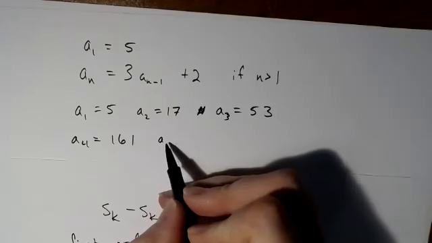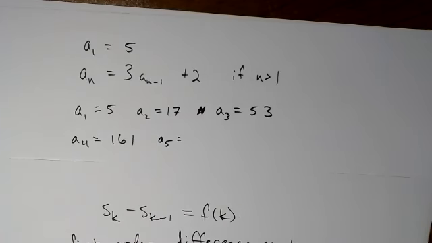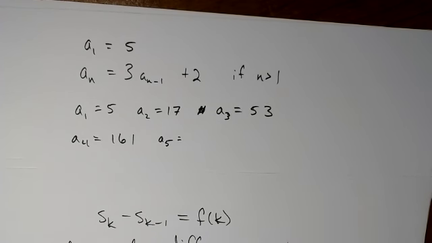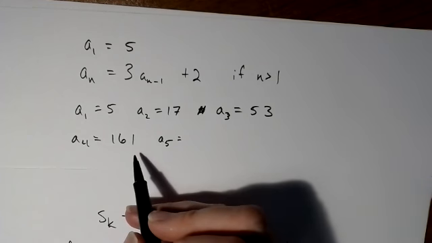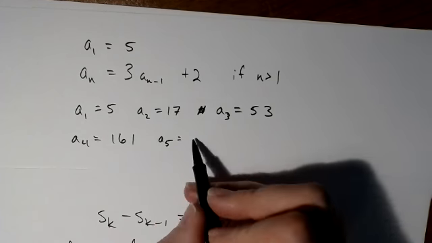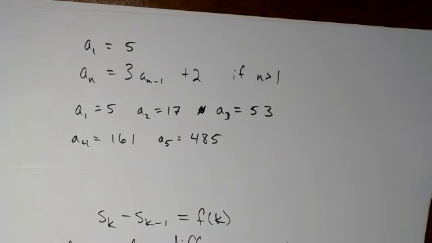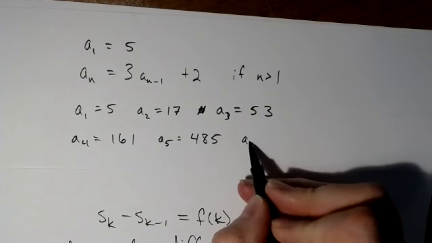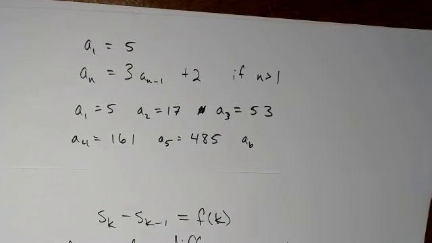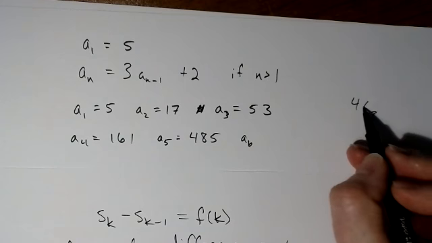This is maybe just at the outside of what I'd like to do without a calculator or without solving the recurrence. So then a_5 is equal to 3 times 161, that's going to be 483. So I think that's 485. And then a_6 is 3 times 485. Yep, I'm going to do that one.